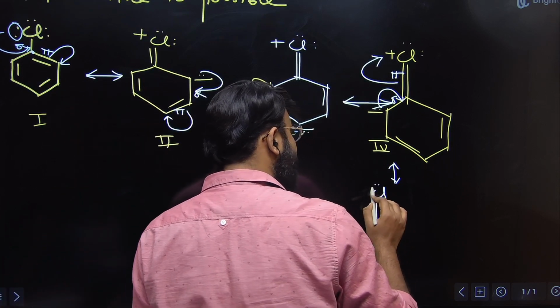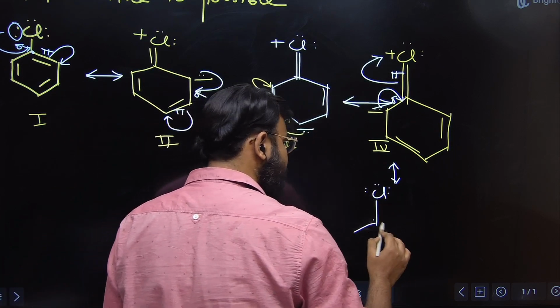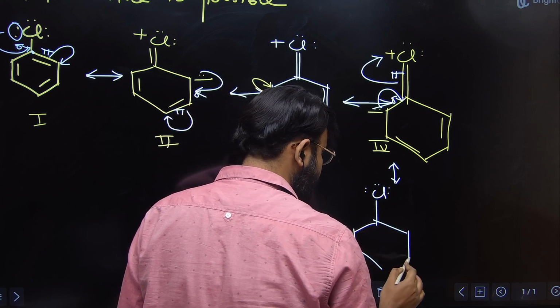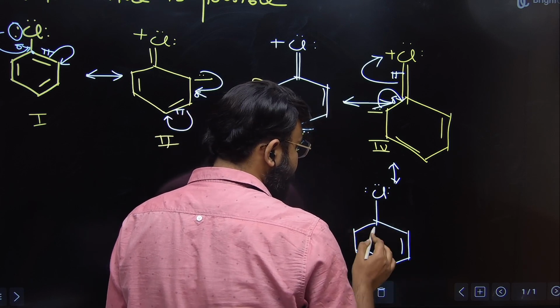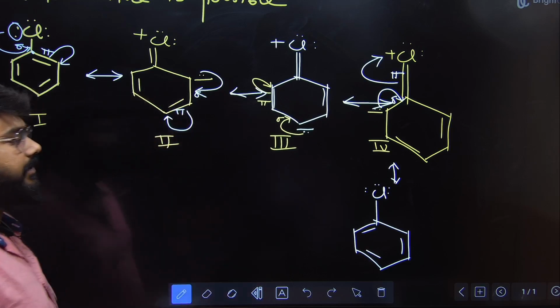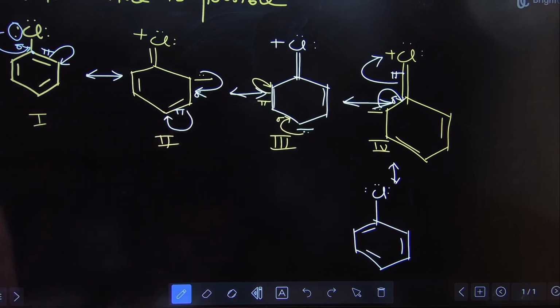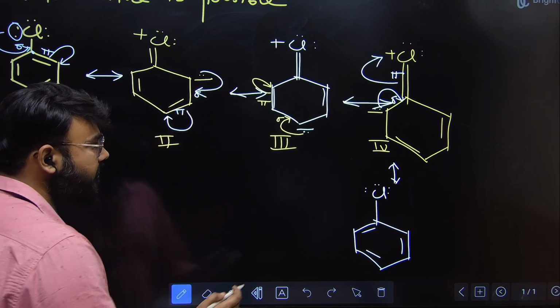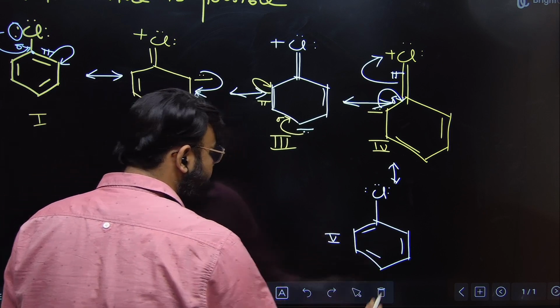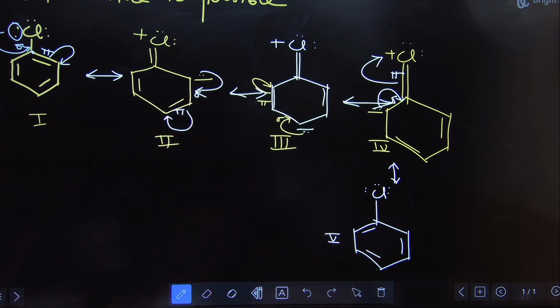So Cl has got back all its lone pairs and the double bonds here, here, and here. Perfect. You can see that. This means our resonance is over. This is your fifth canonical form.